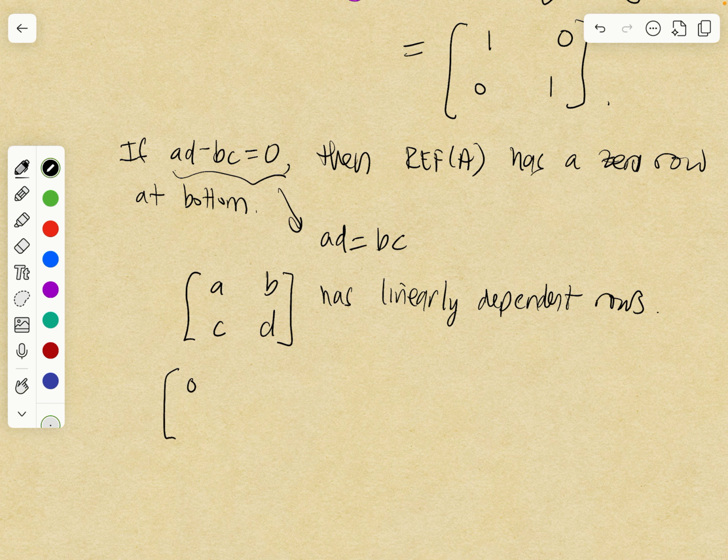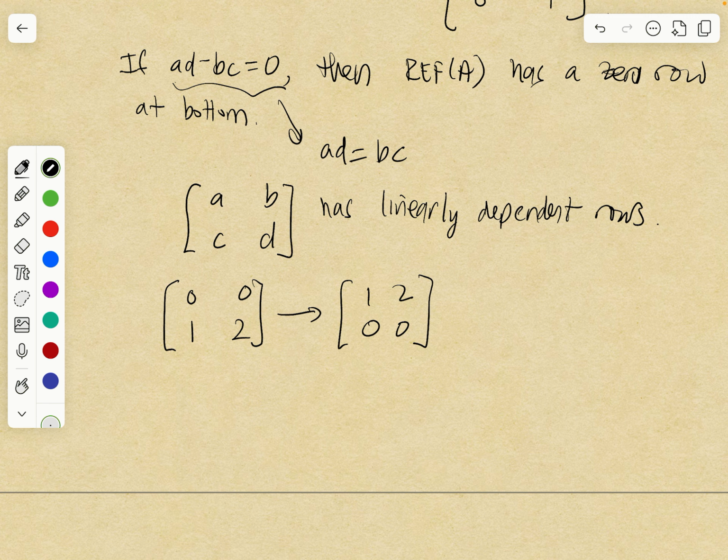You could have something like A and B are 0, and then you have something like this. This is going to row reduce to this. If A is not 0, then, what I want to say is that C over A is equal to D over B. But that's if A and B are not 0.